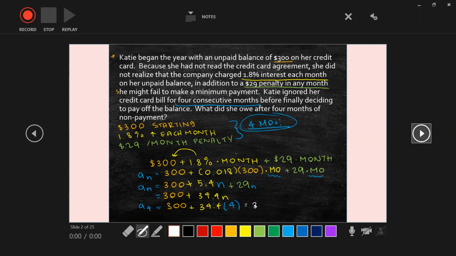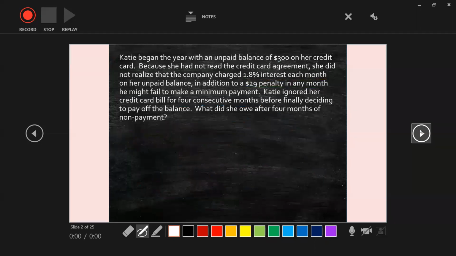So this is going to be 300 plus 137.6, or 437.60. That's how much we're going to owe in order to pay off our balance. What's terrible is that this is actually really accurate. And yeah, it will definitely shoot up that quickly after 4 months. So I thought that was a super good example.